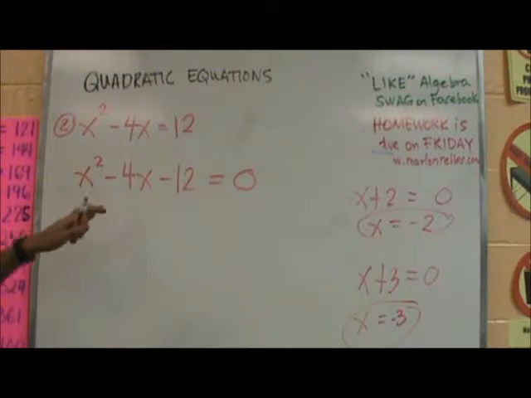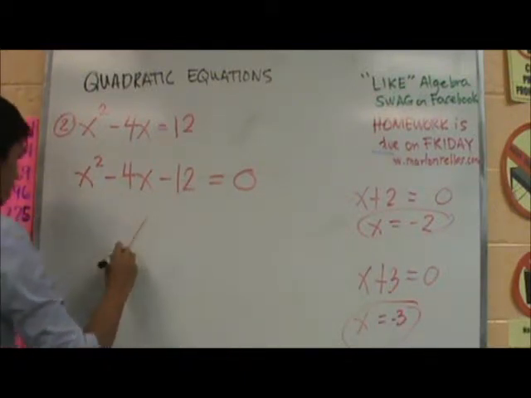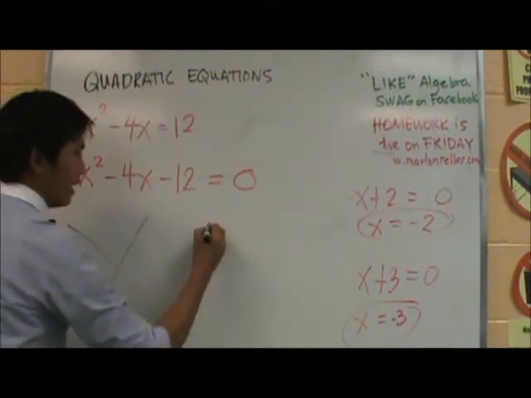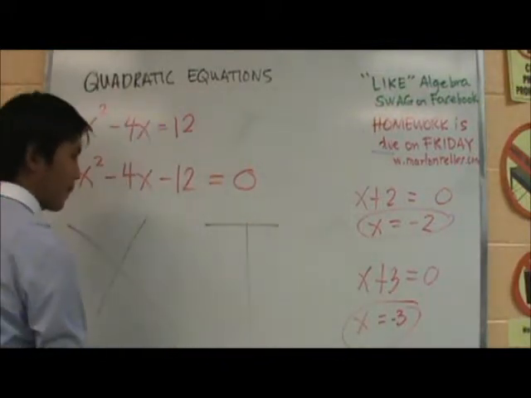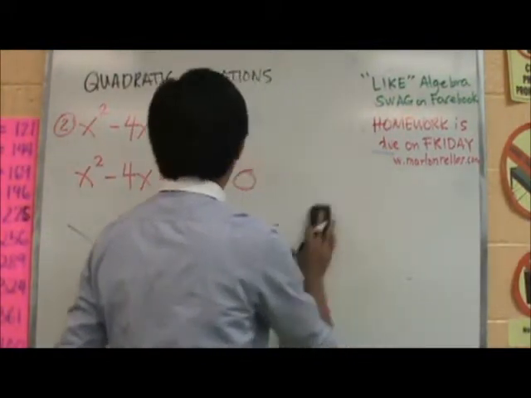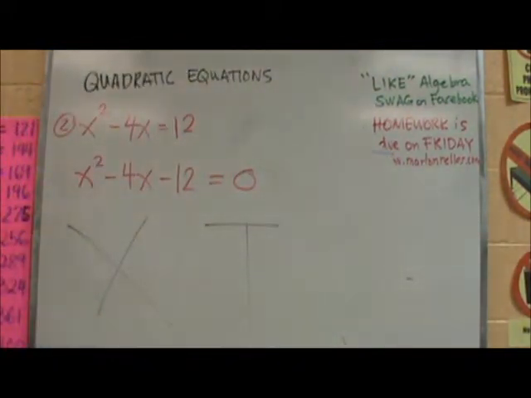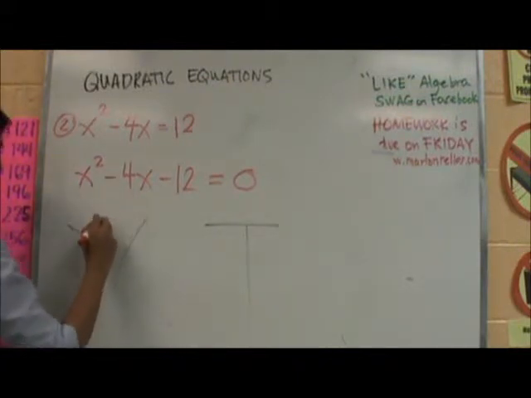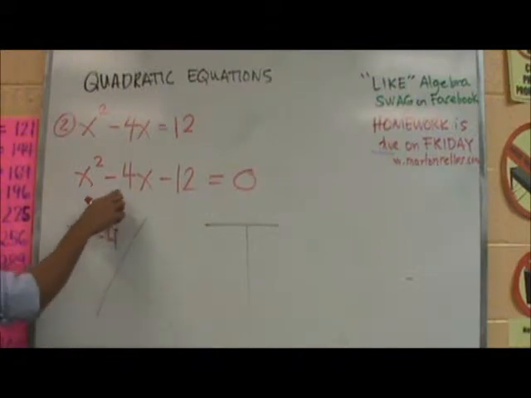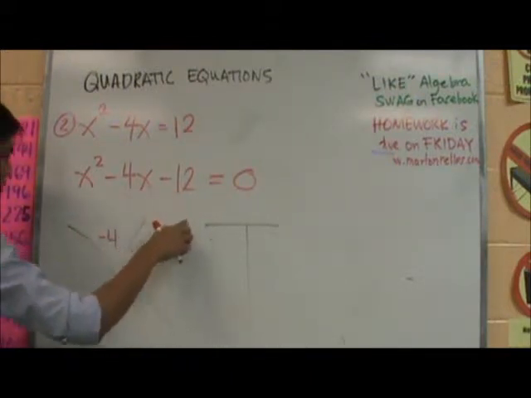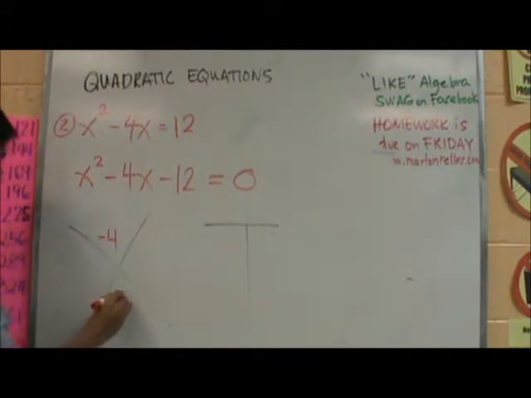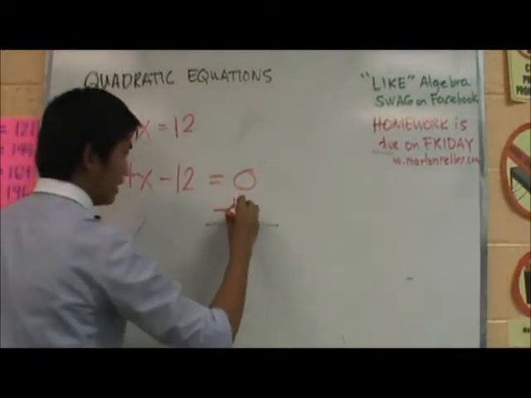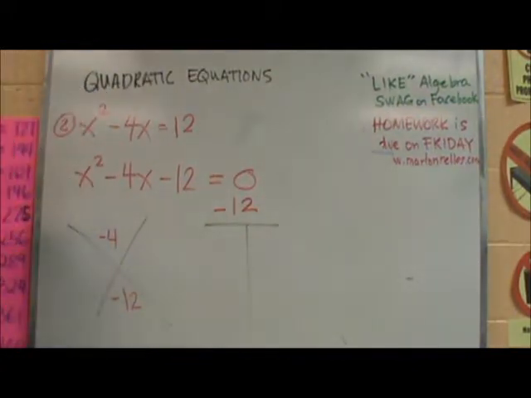So, after doing that, we can go ahead and apply the x and t again. Now again, the number on top should be -4, and then the number on the bottom of the x should be -12. And we can go ahead and find the factors of -12.